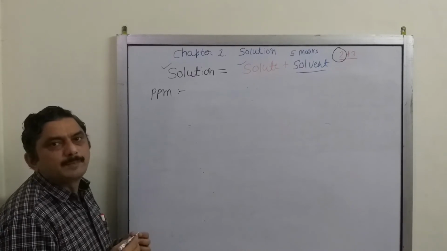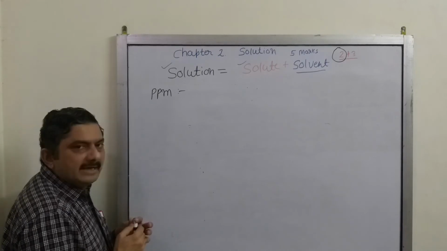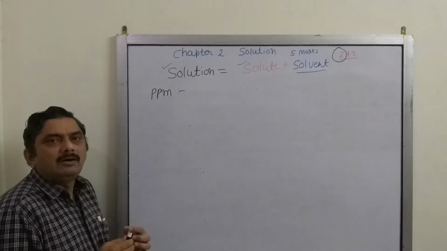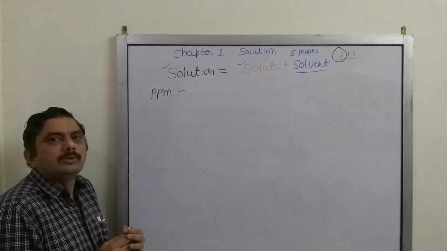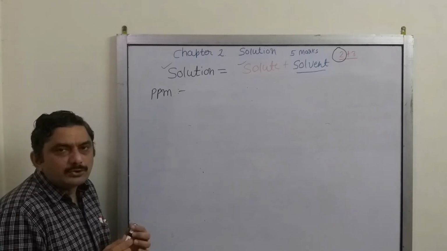Now we discuss ppm, parts per million. It is defined as number of grams of solute present in 1 million grams of solution.